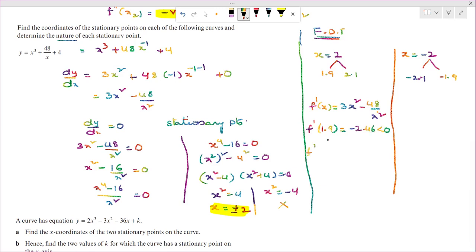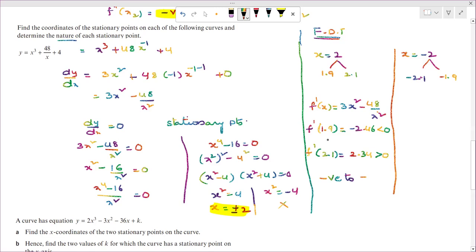F dash of 2.1 you take. Instead of 1.9, I am taking 2.1. Here also 2.1, so it will be 2.34, which is greater than 0. So negative to positive.